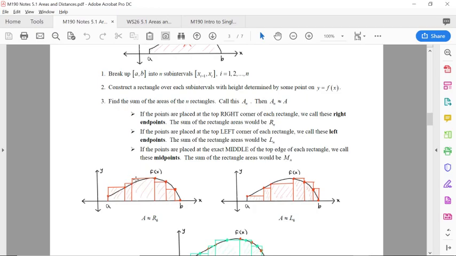This point is at the upper right edge of its associated rectangle, right? Then we are saying that we're choosing right endpoints, and the approximation then, that's the sum of all these areas. When we choose the right endpoints, we're going to say we're going to do that approximation by the right endpoint rule.